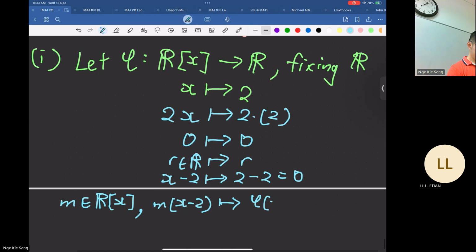Whatever happens to the polynomial, I know that I'm multiplying by a factor of 0. You always get 0. Does it make sense? And this forms an ideal, so the kernel.